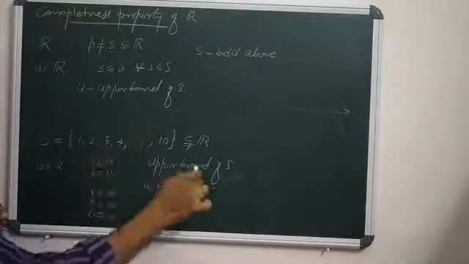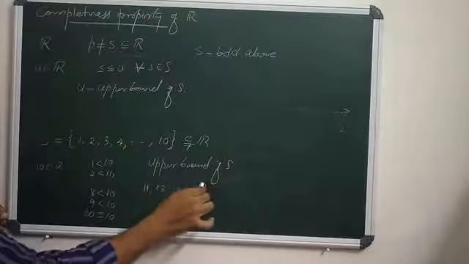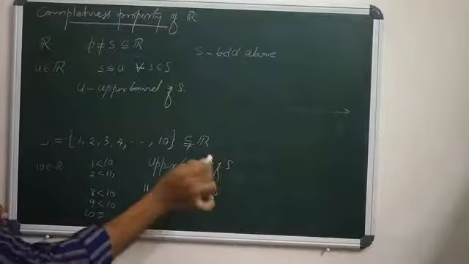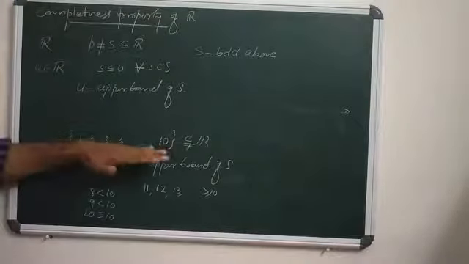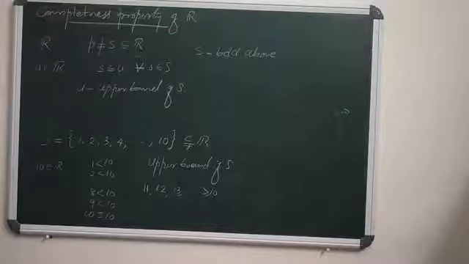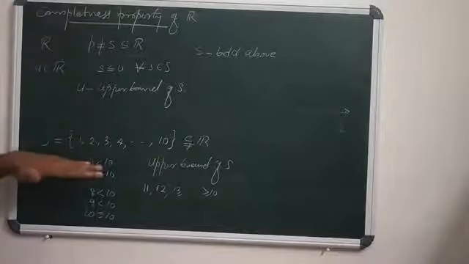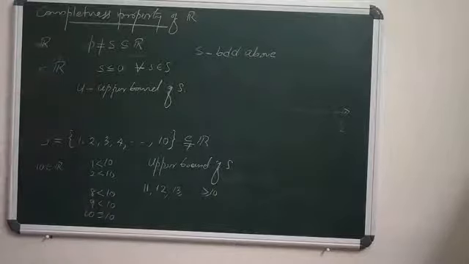So, any number n which is greater than or equal to 10 is an upper bound. So, how many upper bounds are here? There are infinitely many upper bounds. Here S is a finite set, yet it has infinitely many upper bounds.